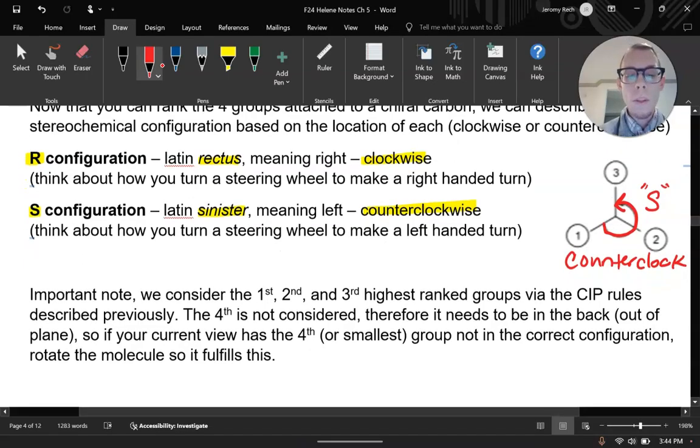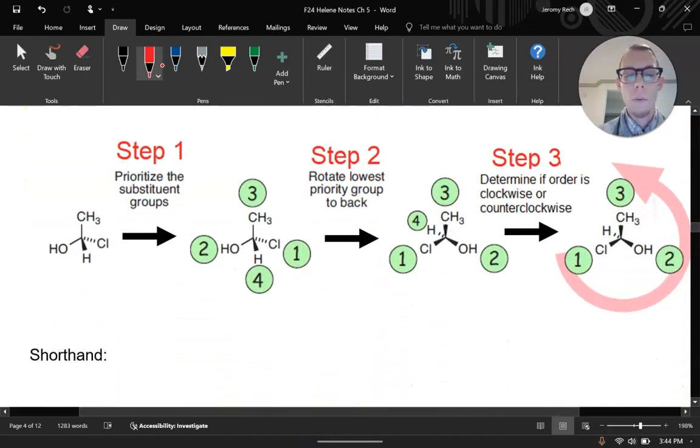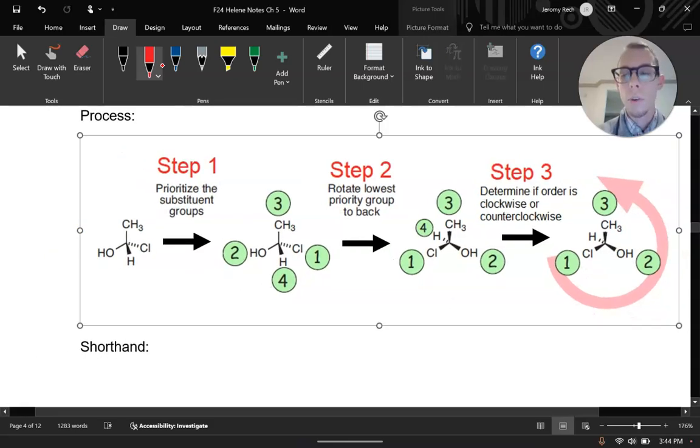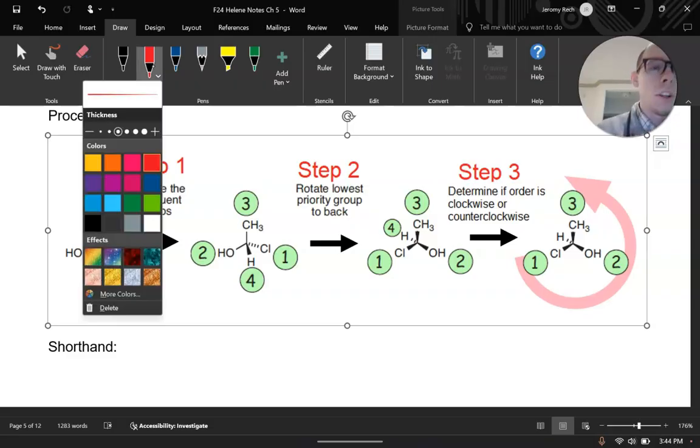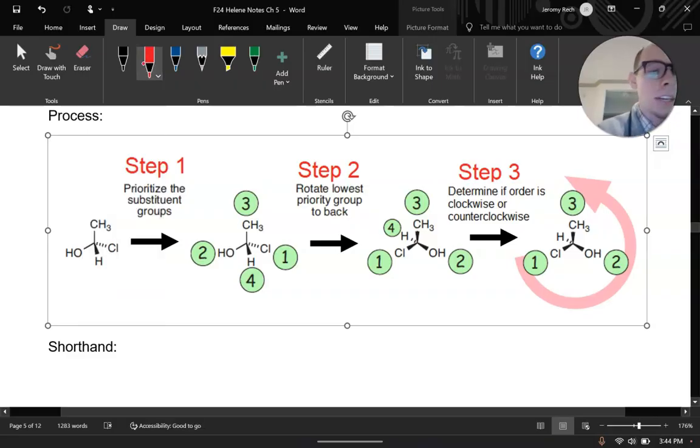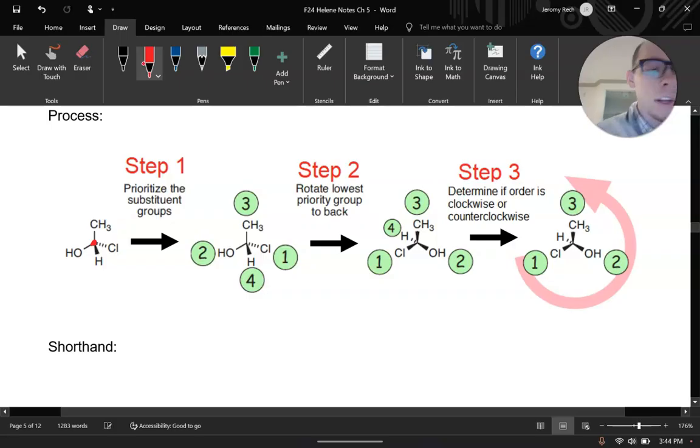Now, I have a full process here to show you, but also a shorthand. First, identify whether you have a chiral center. For that, you generally look for things with wedges and dashes, as well as unique attachments. Here I have a hydrogen, a chlorine, a carbon, and an oxygen. I can rank those based on my CIP rules. Chlorine is the biggest, oxygen is 2nd, carbon is 3rd, hydrogen is 4th.